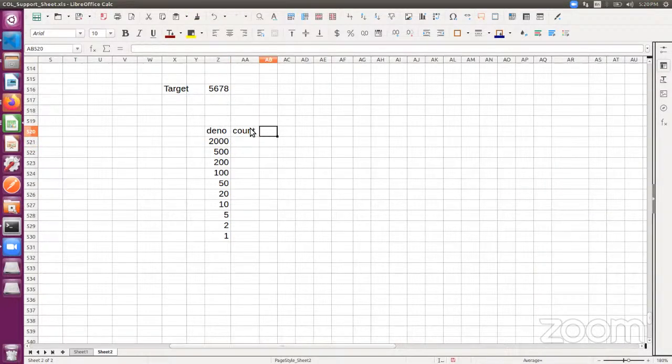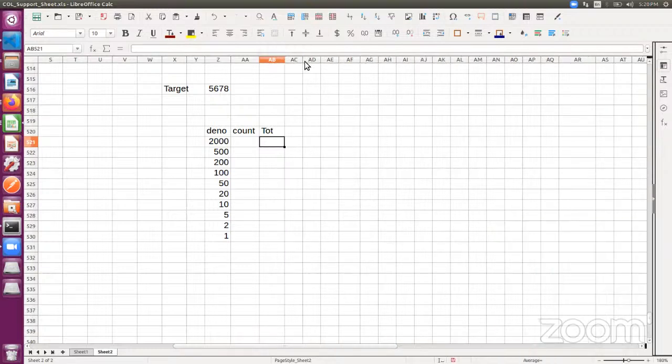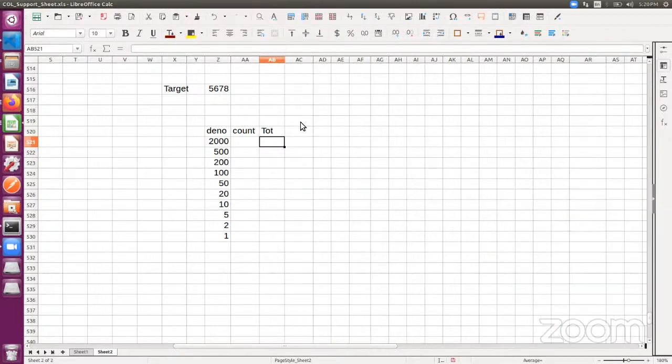If we take that many coins, what would be the total? Suppose you are taking 2000 rupees, you will get some total. That total we are going to write here, and the last column will be the balance.